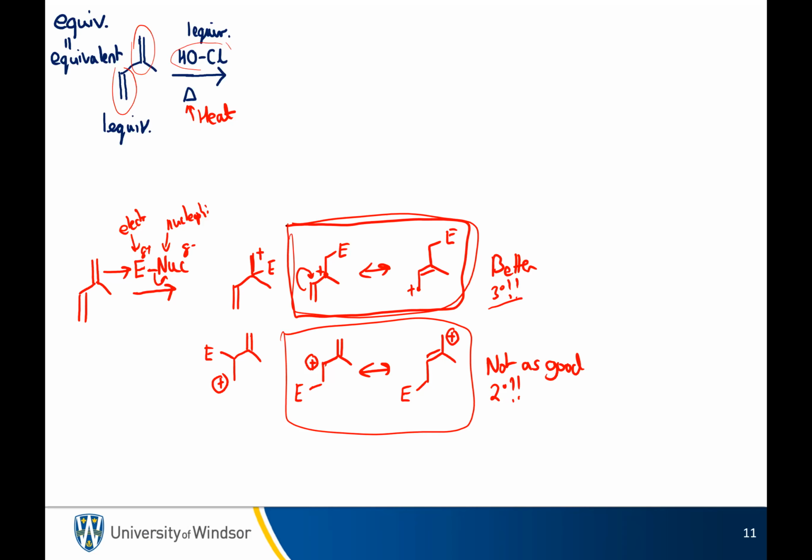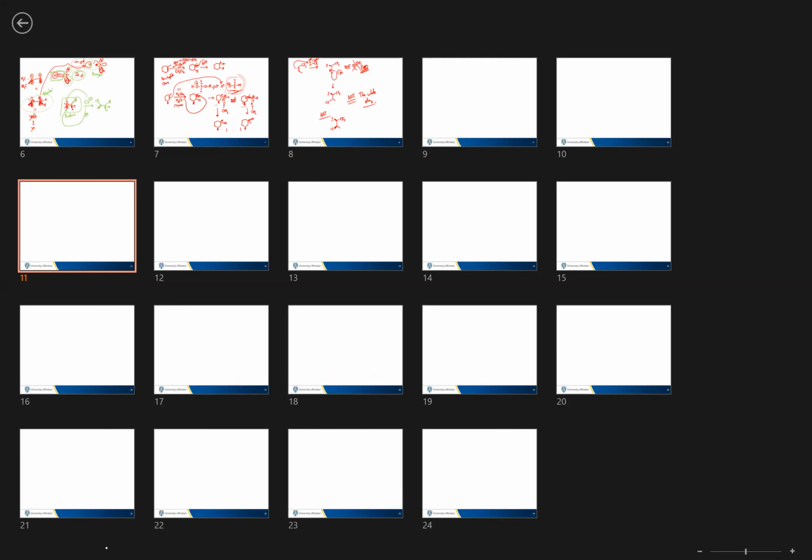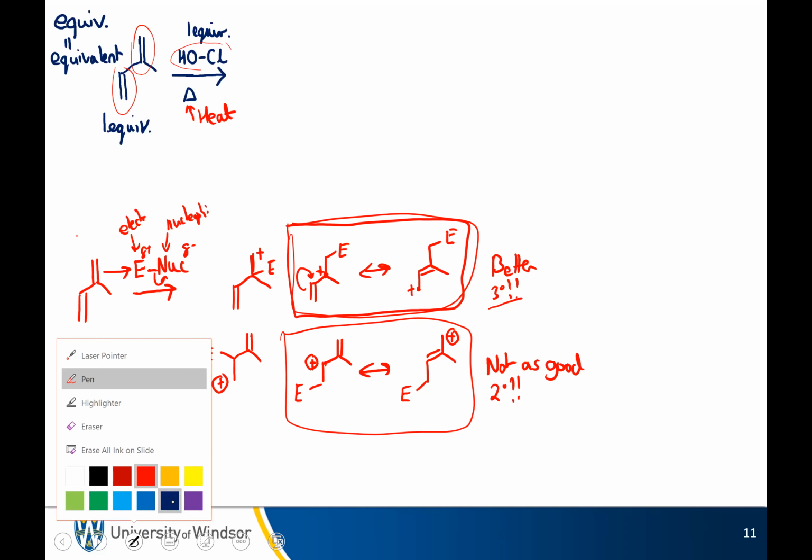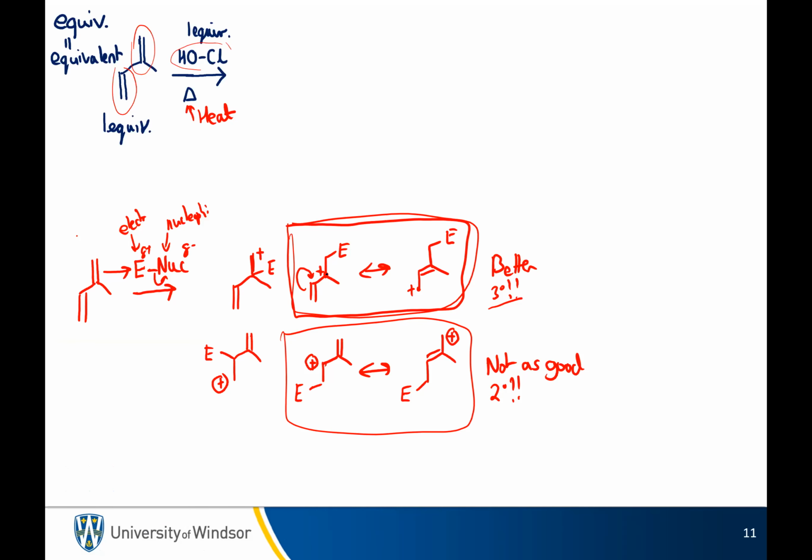Now, there's two options within that. I could either attack that carbon or I could attack that carbon. And it's coming back to exactly what we've just been discussing, which is where most of that positive charge is going to be sitting.